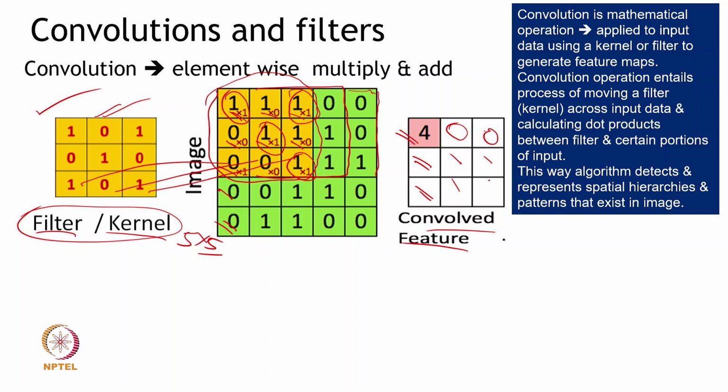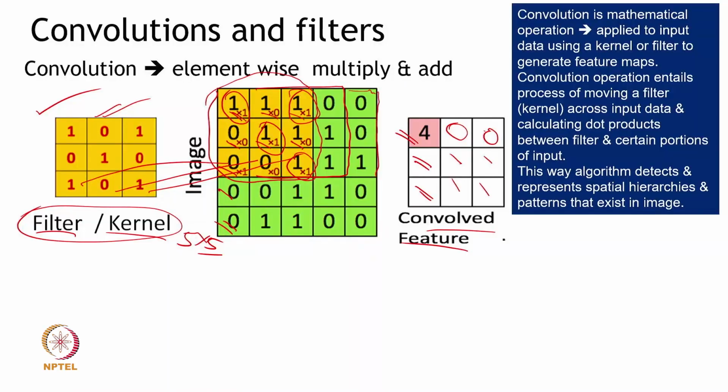So from 5 by 5 we get a 3 by 3 matrix, which is called the feature map or convoluted feature. The same thing has been explained over here. We say convolution is a mathematical operation applied to input data using a kernel or filter, as shown here, to generate a feature map, and everything is computer work and they have memorized it, so they can go back also to get the results.